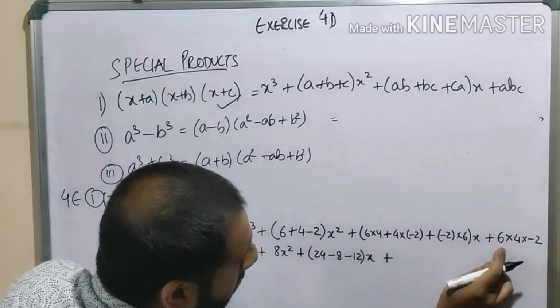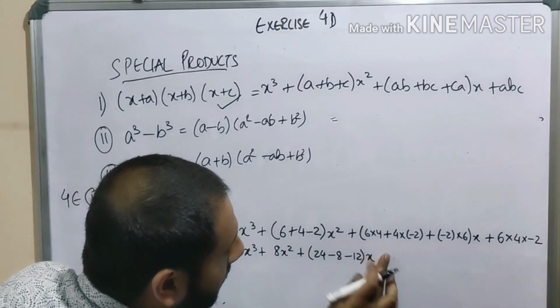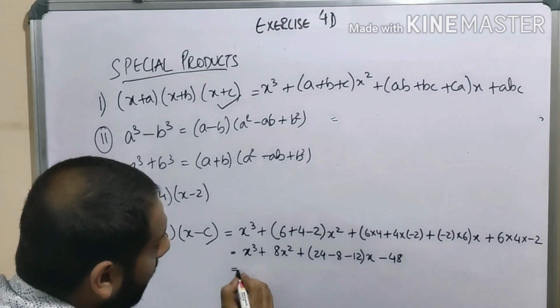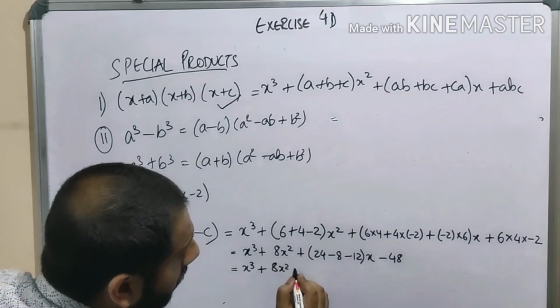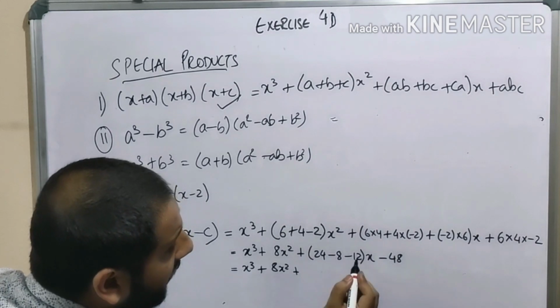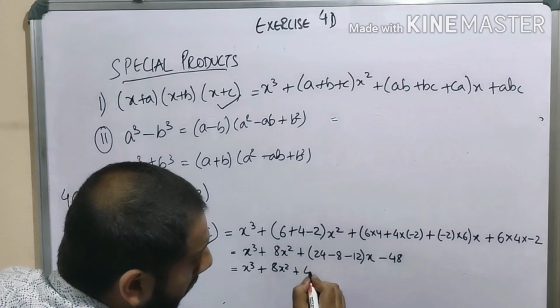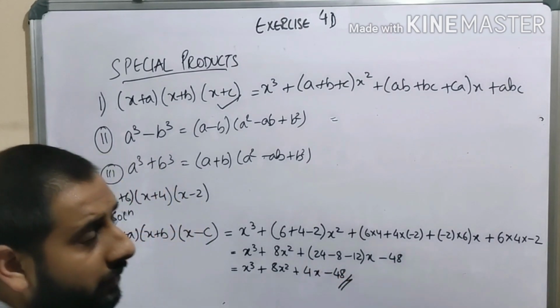Plus 6 4s are 24, 24 into minus 2 is minus 48. So we have minus 48 here. And solving this again becomes x cubed plus 8x square plus, let's say 24 minus 12 minus 8 is minus 20, minus 20 plus 24 is 4. You've got 4x minus 48. So this is how you do.